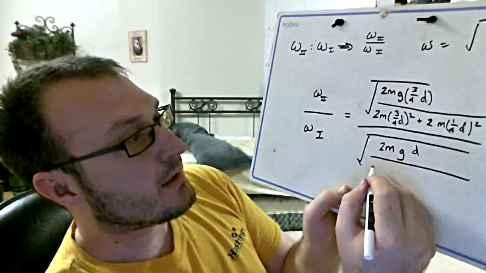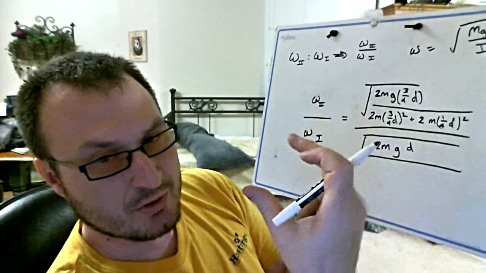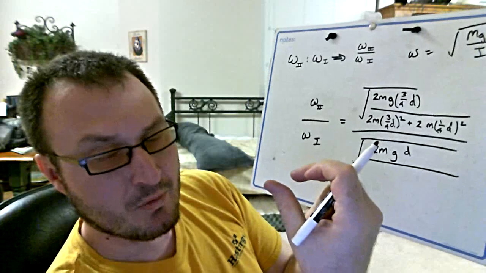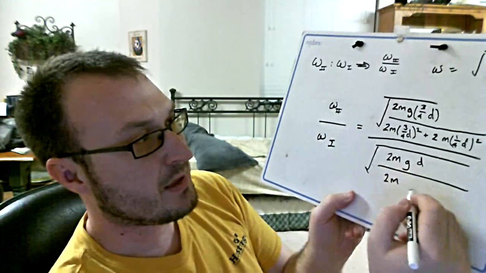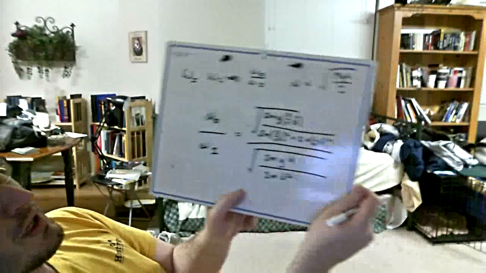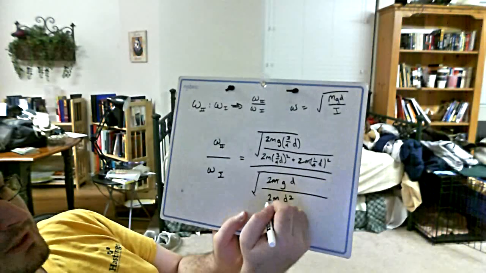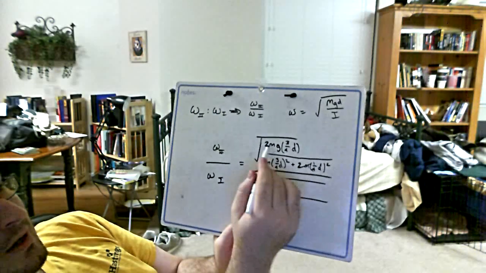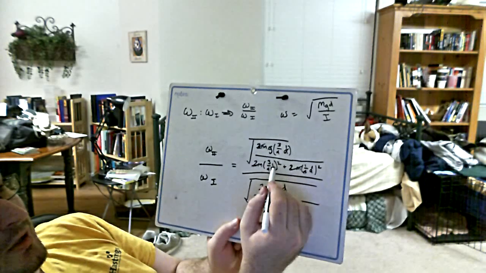And then down here, what is I for the moment the two masses are squished together? We're going to treat them as a point mass of mass 2m, and so we just have 2m acting at a distance of d squared. So much is going to cancel here. You notice the 2m is out, the g is out, the d over d squared is out.